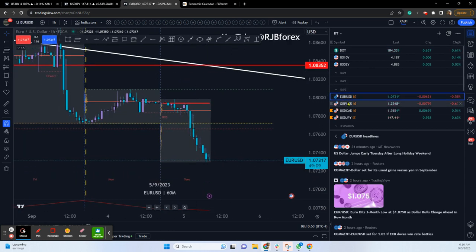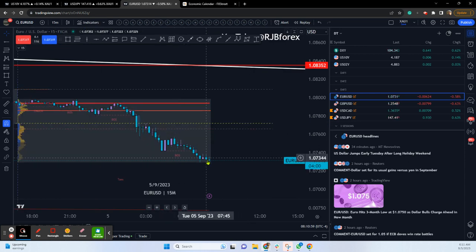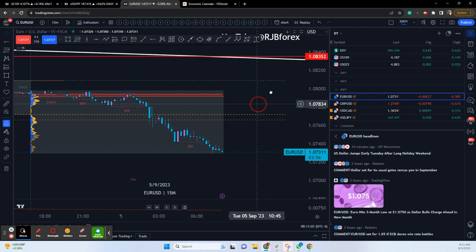the pair that looks the most obvious. What I'll be looking for, for instance, in euro dollar, is the price here to peter out, 3 pushes into the low, and a move up in the Wall Street Open.